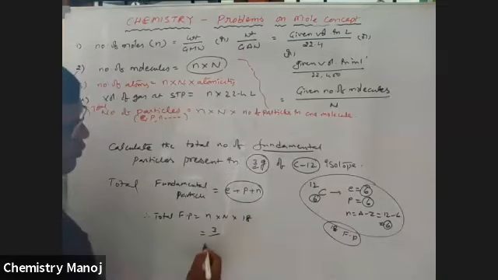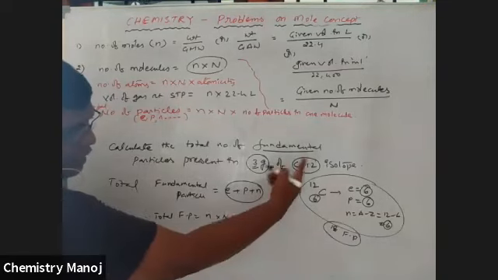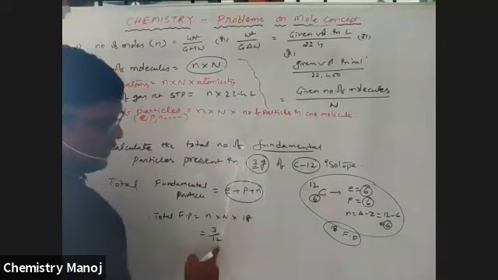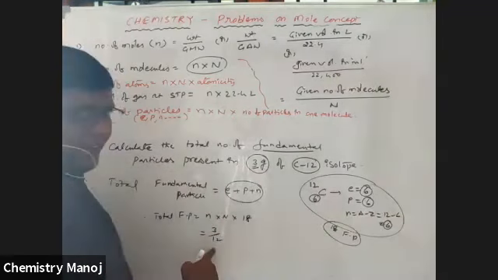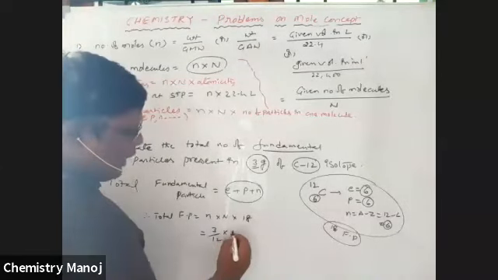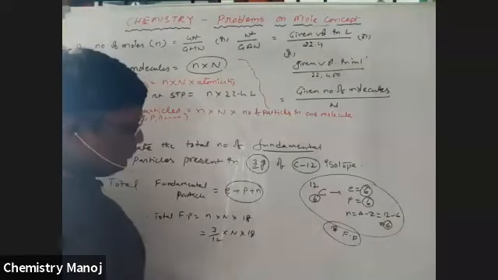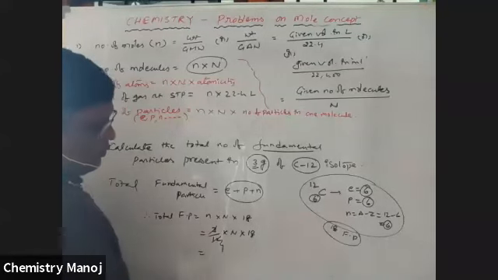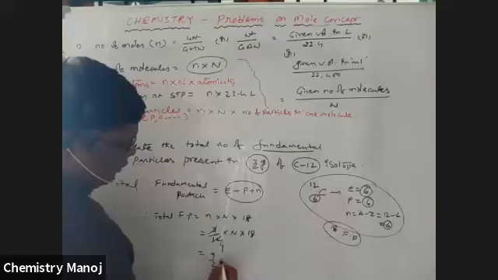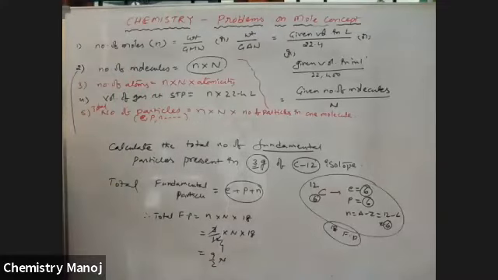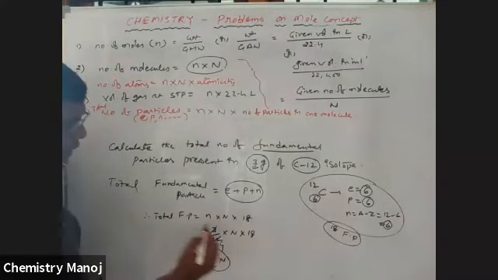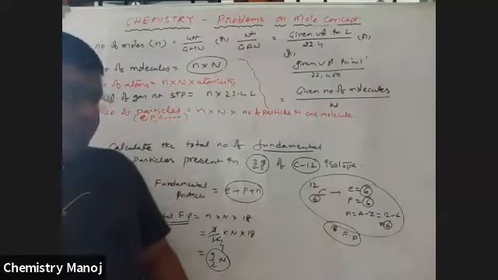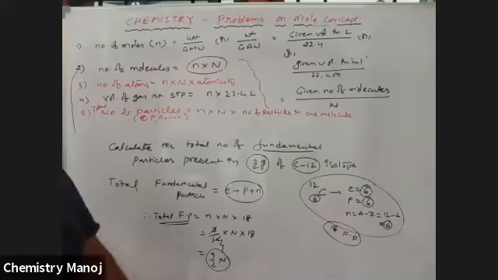Weight is given as 3. If an atom is given, use atomic weight, which is 12. If a molecule is given, use molecular weight. So 3 by 12 into capital N into 18, altogether it is 9 by 2 n, that is 4.5 n. That much fundamental particles are present in this 3 grams of C12 isotope.